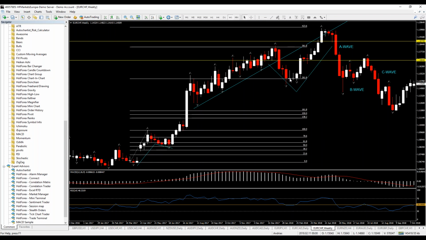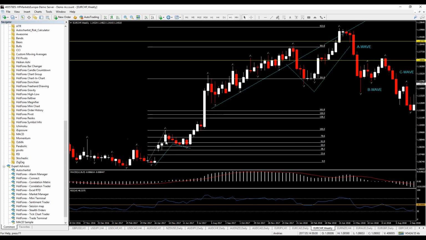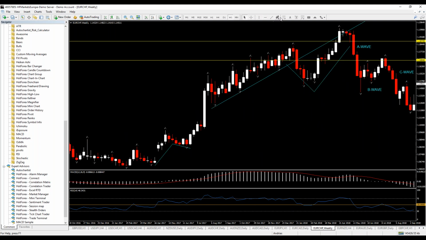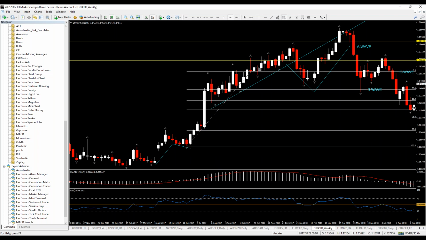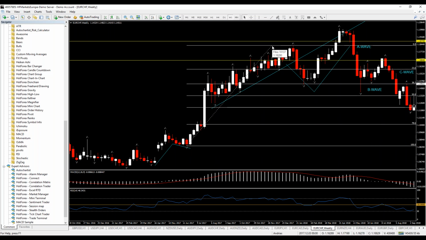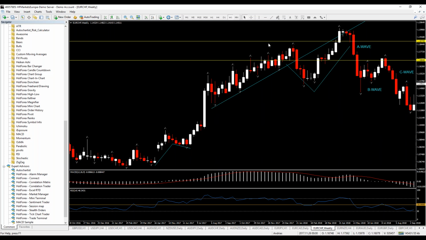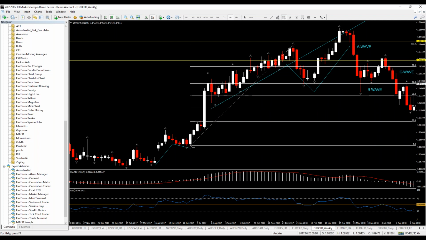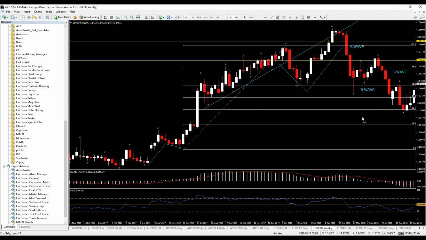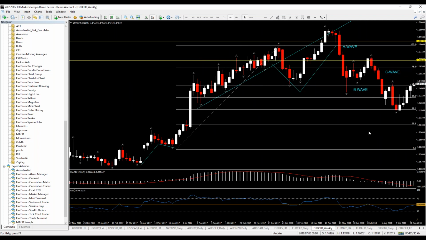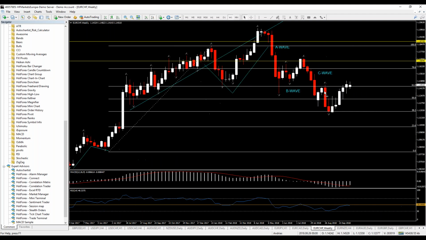As we said, wave 4 is typically, sorry about that, I put it vice versa, wave 4 is typically from 14.6 up to 38.2 of wave 3, no more than 50%.